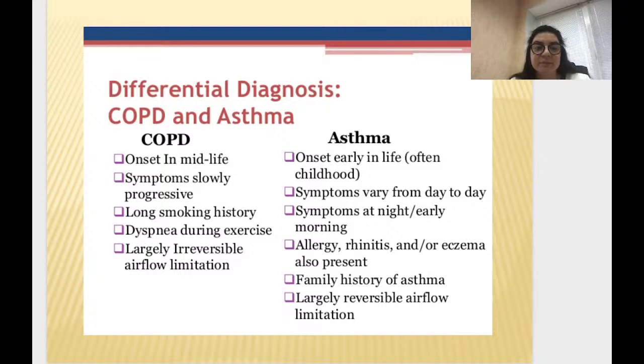For COPD, a long smoking history and dyspnea during exercise are typical. For asthma, it's typical allergy, rhinitis, or eczema, and a family history, cases of asthma in nearest relatives. And one more difference: for COPD, it is largely irreversible airflow limitation, and for asthma, it is mostly reversible airflow limitation.